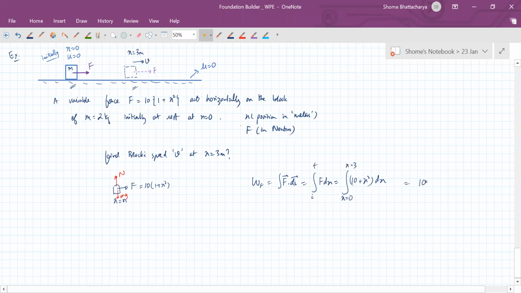So this integration, as you know, will become 10x or 10 into x plus x cubed by 3. Now we'll put the limits 0 to 3. So this will become 10 into 3 plus 9, minus 0, lower limit. So 120 joules is the work done by the force which I'm getting. Is that correct? Can you verify?